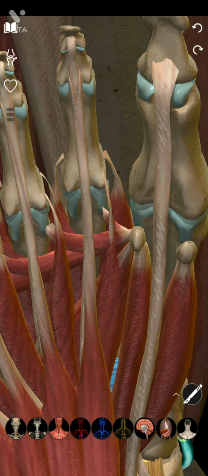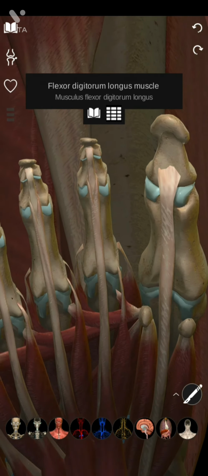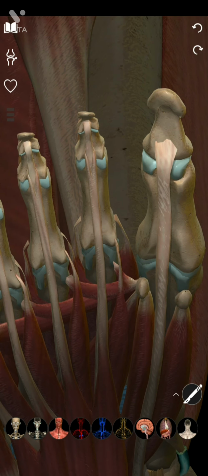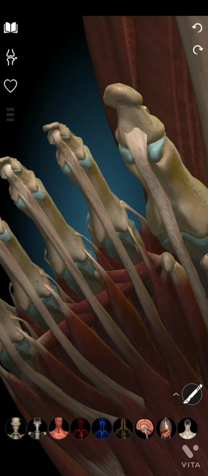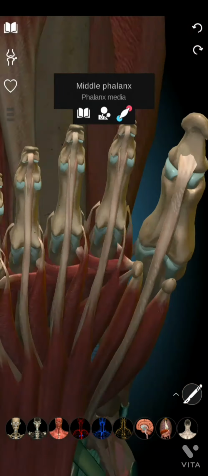No, it's not. It splits into two slips and winds around the flexor digitorum longus tendon. This brevis muscle winds around the longus tendon and attaches at the second phalanx. You see this is the middle phalanx. Now this muscle is done.